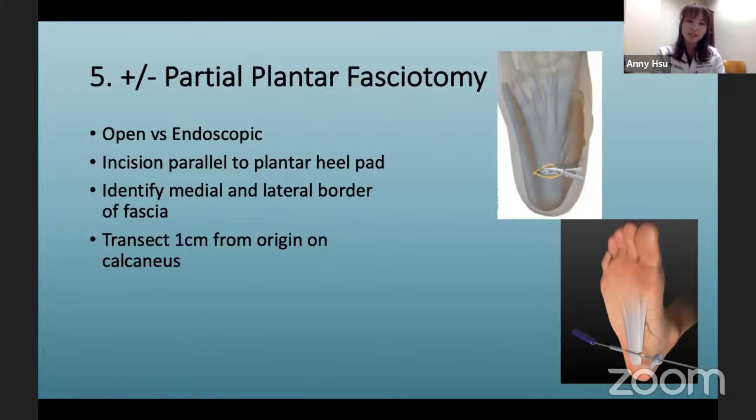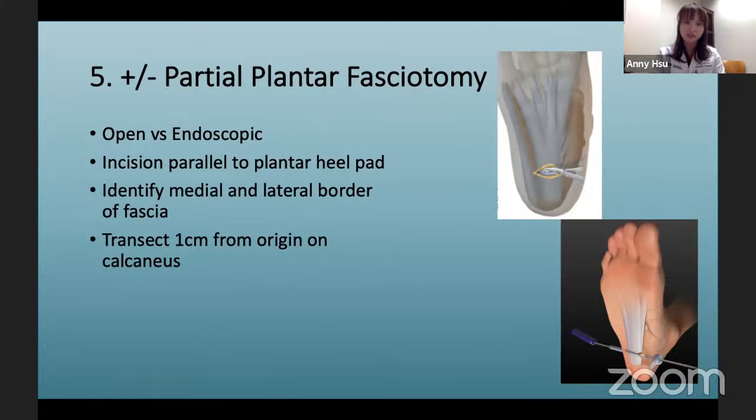So partial plantar fasciotomy can help lower, correct your high arch deformity after you've done all of the previously mentioned bony work and soft tissue releases. It can be done open or can be done endoscopically.